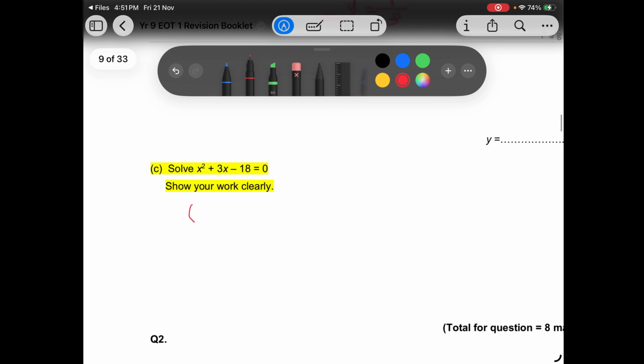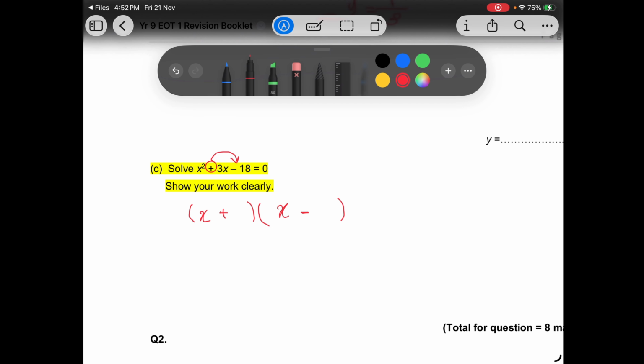Firstly, you need these two pairs of parentheses. Then you will put x here and x here. Whatever sign you have in the middle, write it here as it is, plus. And then multiply this sign by this sign. Then write it here, it will be what? Minus, because plus times minus is minus.